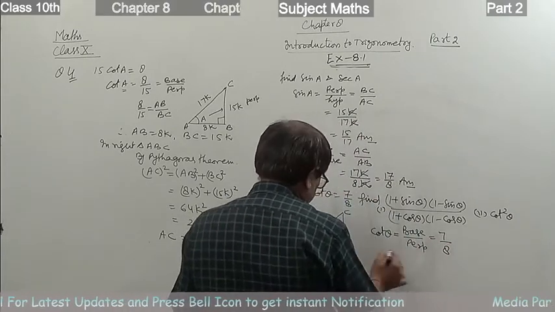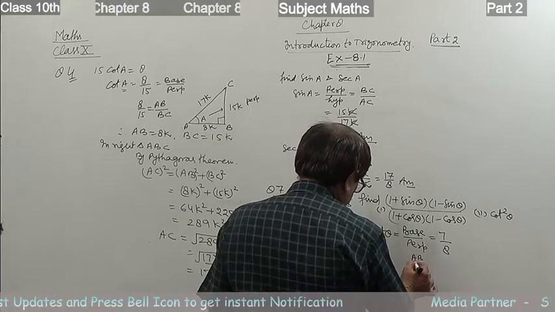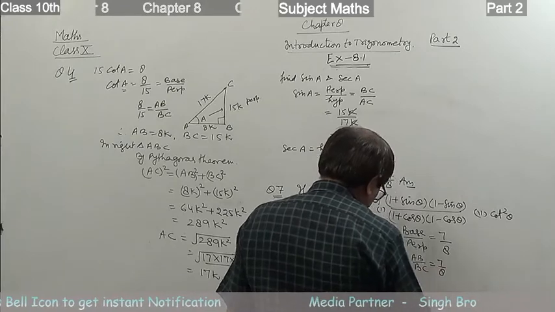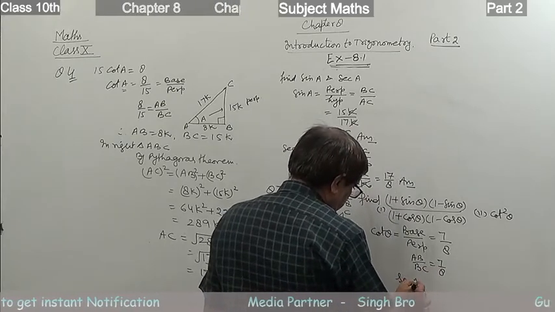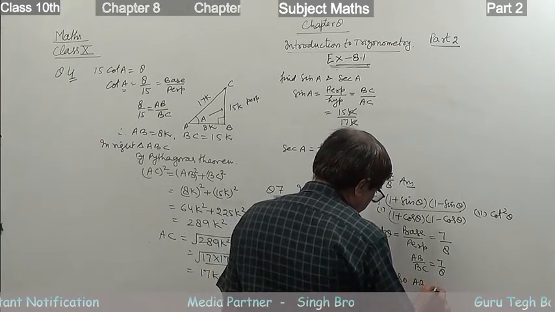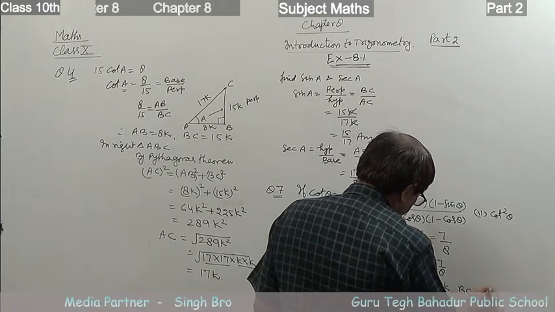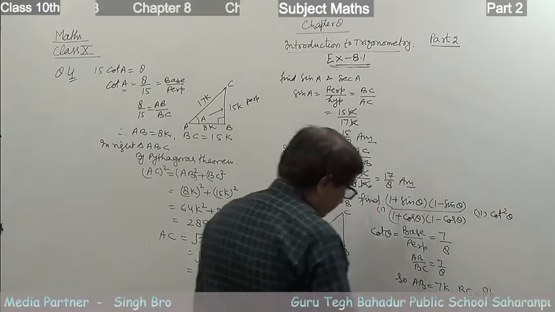Base is AB, perpendicular is BC. So AB is equal to 7k, BC is equal to 8k.